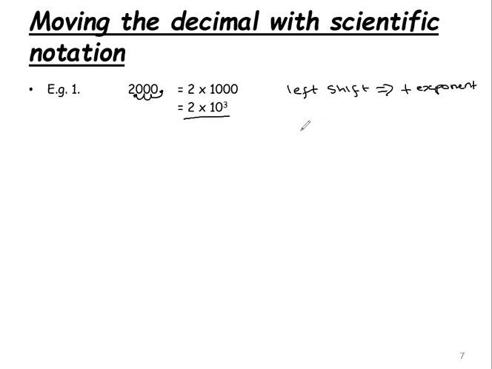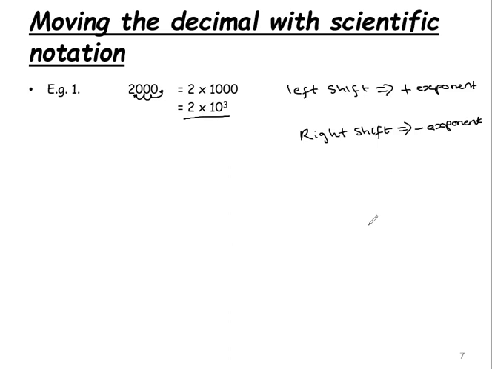And if you have a shift to the right, it means you're going to get a negative exponent of 10.